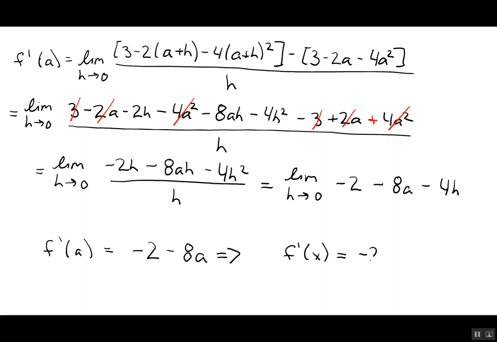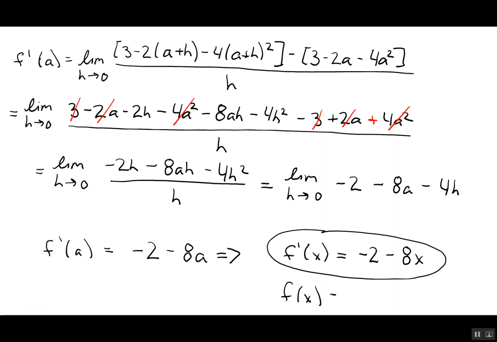It's going to equal minus 2 minus 8x. So we find that the derivative of our original function, which again was 3 minus 2x minus 4x squared, the derivative of this function, f prime of x, is a different function.